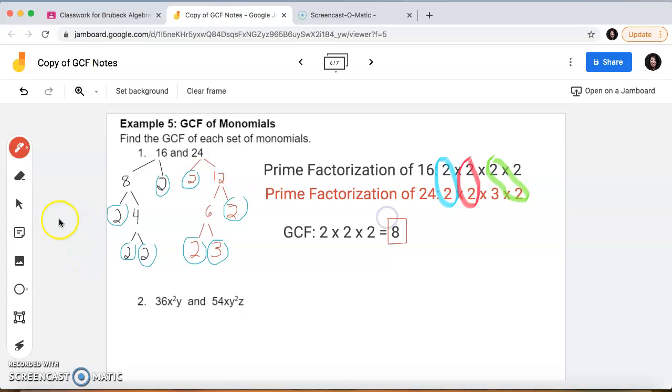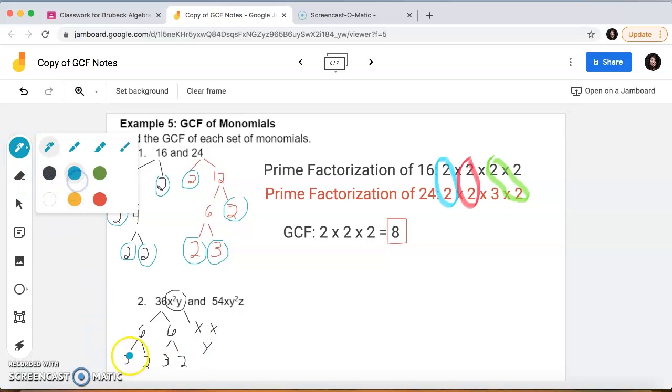And then you want to do the same thing for the one down here. So 36, I'm going to break 36 down to 6 times 6. And then I can break down the 6 down to 3 times 2 and 3 times 2. But then pay close attention to the x's and the y's. So then we're going to have 2 x's, and we're going to have a y.